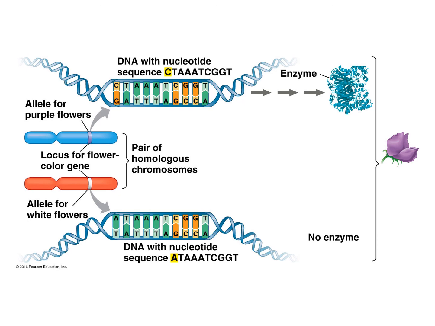So if we look at the locus here for flower color, we see there's a certain DNA sequence that produces a protein enzyme that catalyzes a chemical reaction and results in the production of purple pigments. But the white flower allele, there was a mutation. In one particular spot, there was a nucleotide change, and that results in an absence of that enzyme. So without that enzyme, that chemical reaction never happens, and the flowers are white instead of purple.